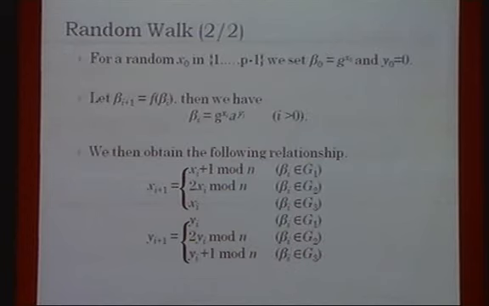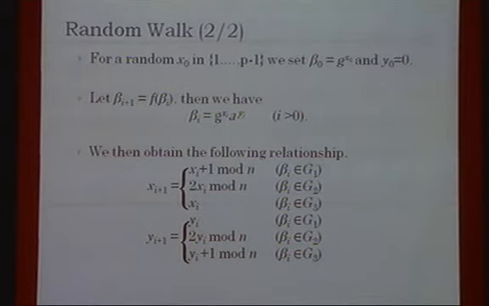Then we accumulate the exponent, which will be changing by the action of the random map F. So at first we generate a random x0 from this set, and we say beta 0 equals g to the x0, and we set y0 equal to 0. Then we define beta i plus 1 equal to f of beta i.